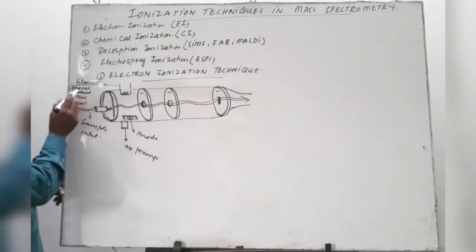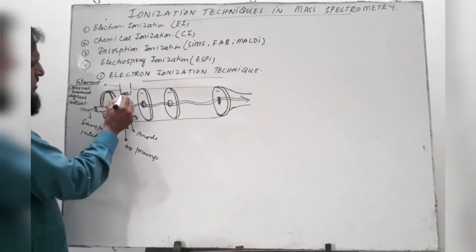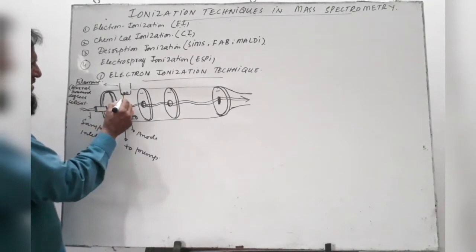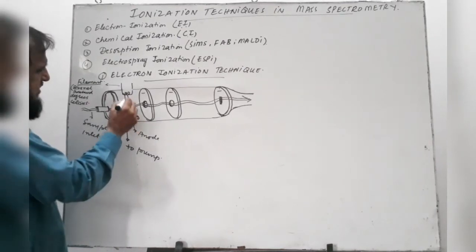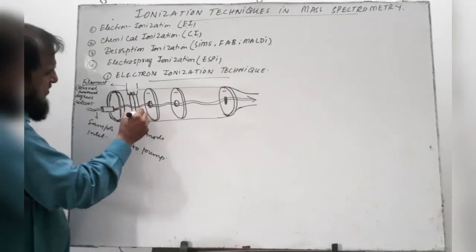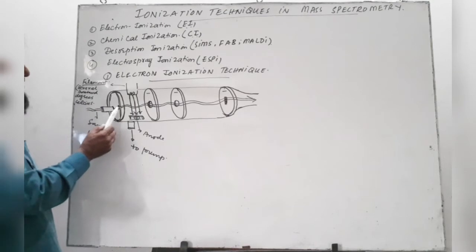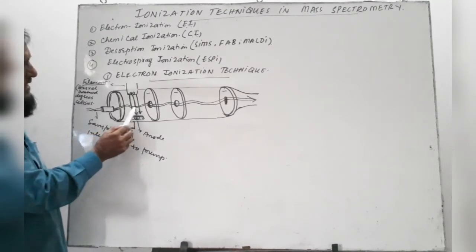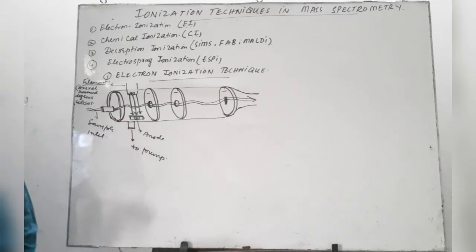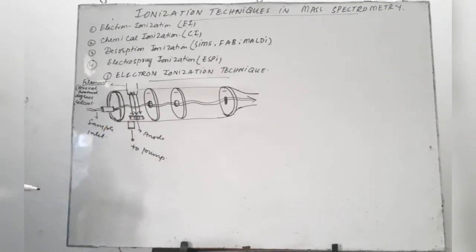The filament is heated so that electrons are ejected from it, and these electrons move towards the positive plate, the anode. During their movement, they strike the beam of molecules introduced from the sample inlet. These electrons collide with the molecular beam and eject electrons from the molecules, producing molecular ions.